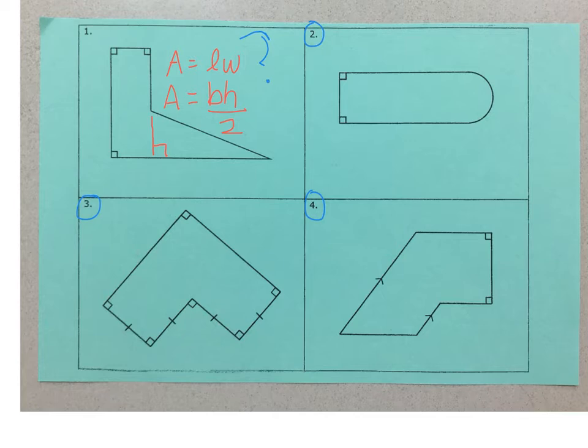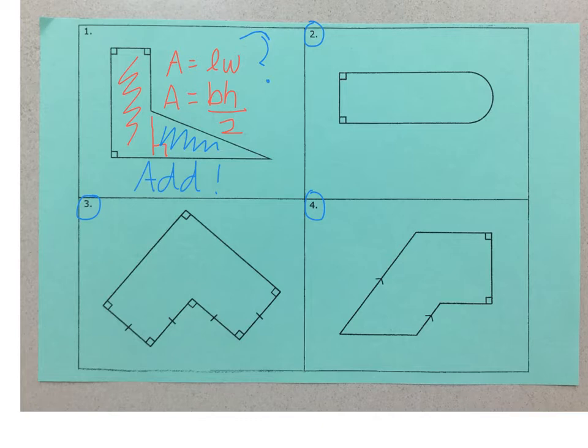And once you have the area of this figure and then the area of this figure, what would you have to do to get the total? Oh, you would just add them together. Okay, that could work. Let's look at the next one.